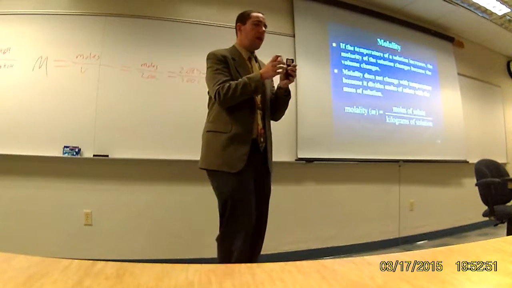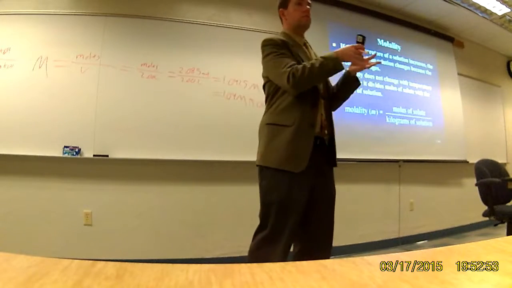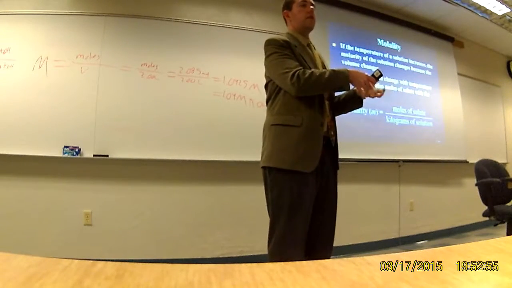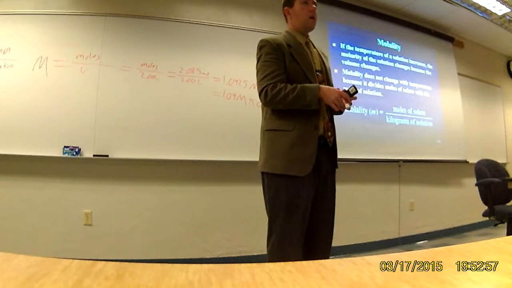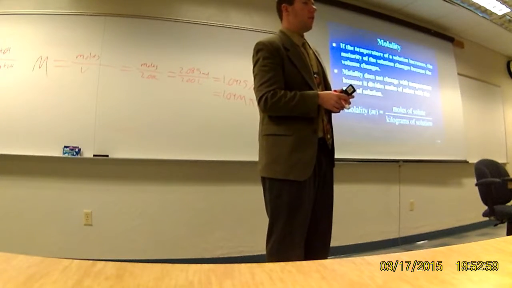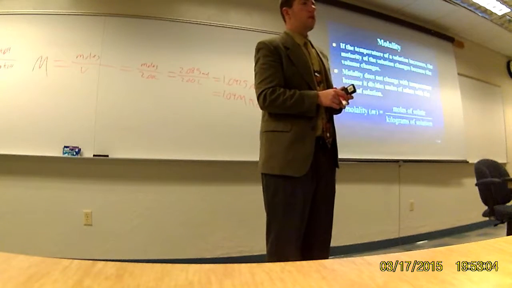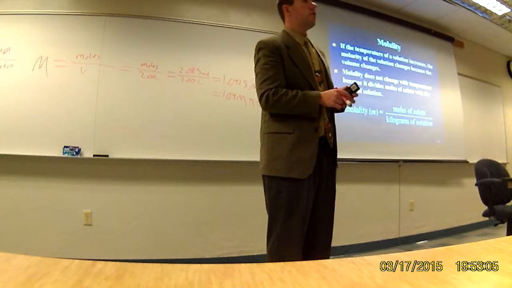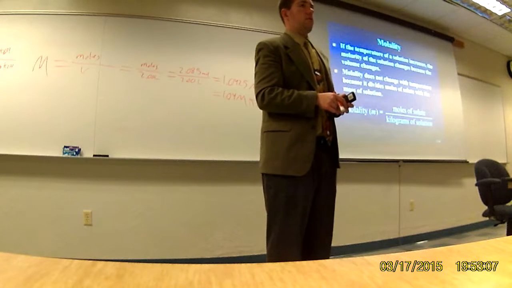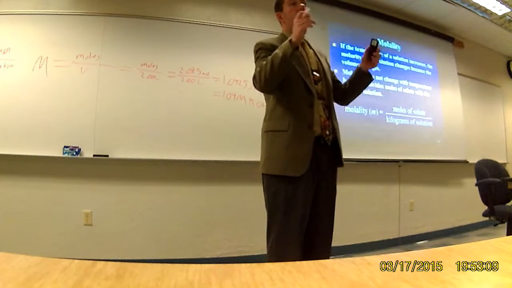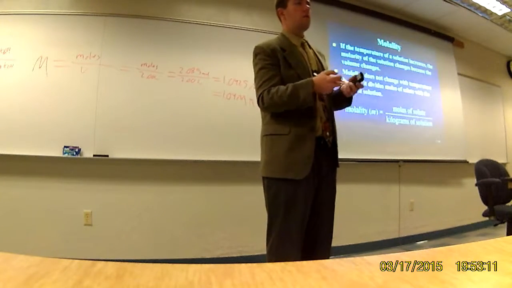You know, okay, I need to add this much volume of it. What's easier? To measure out 20 milliliters of a solution, or to measure out 0.02 kilograms of a solution? Or even say 20 grams of a solution. Which one's easier?